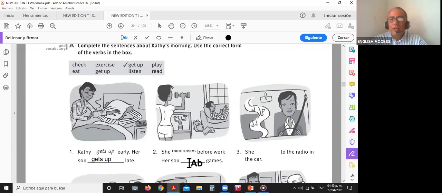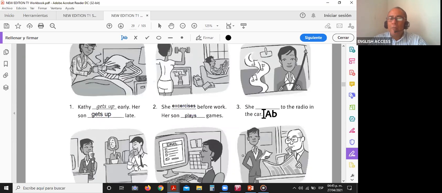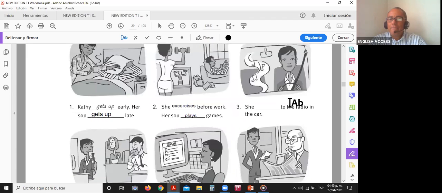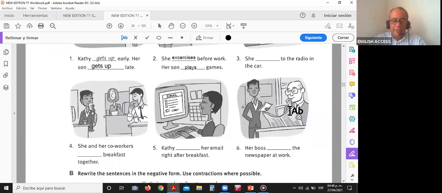What about her son? Plays. Exactly. Then in number three, she listens to the radio. Listen, listens. Exactly. It is listen here, but for she, she listens.